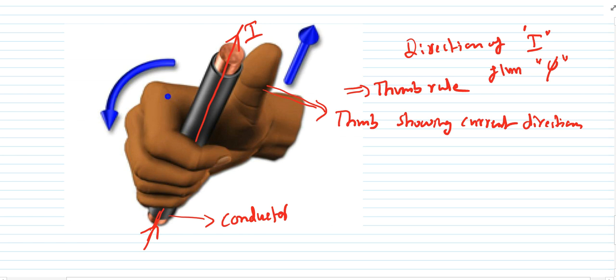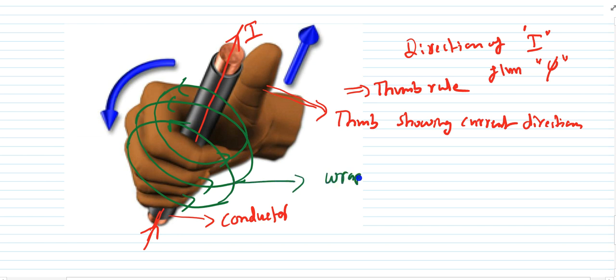So the direction shown by the remaining fingers is this direction. The wrapped fingers show the direction of the flux.